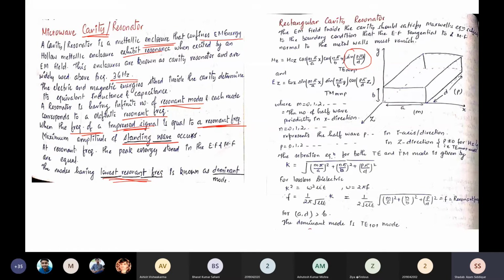There is an infinite number of resonant frequencies because an infinite number of modes exist inside this waveguide. The mode having the lowest resonant frequency is called the dominant mode. You should be able to find the lowest resonant frequency, and that is called the dominant.